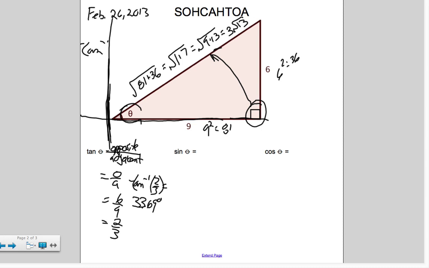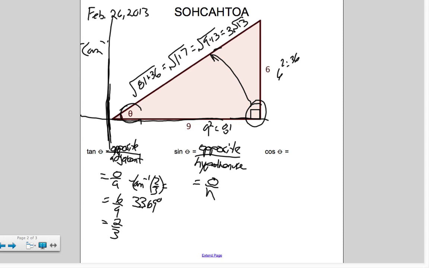So for sine of theta, remember, that's what all these trigonometry functions are. They're just ratios comparing two sides. For sine of theta, we're comparing the opposite side to the hypotenuse. So we'll abbreviate with O for opposite, and H for hypotenuse.